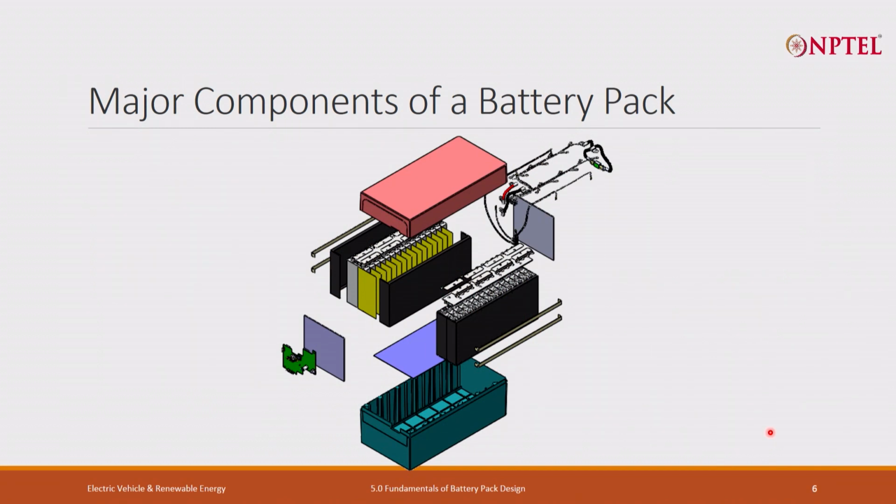We will now discuss what the major components of a battery pack are. What I am showing you is an exploded view of a small battery pack. We have battery cells here, then we have a compression pad or insulation pad or both together in between the cells.